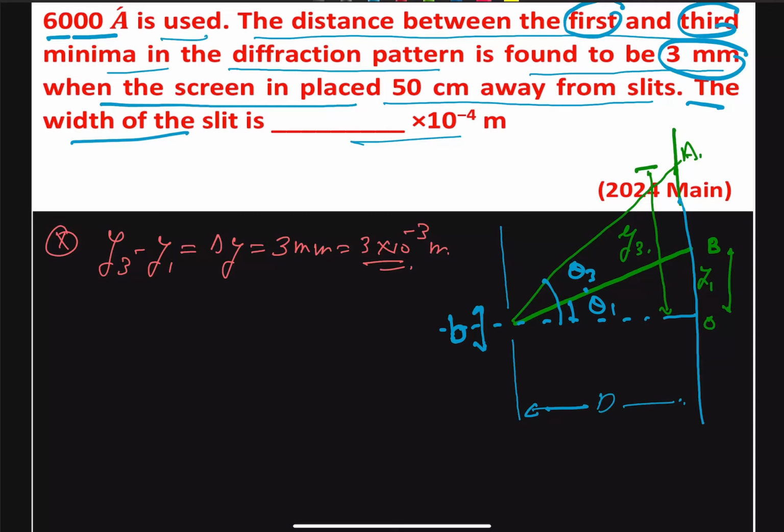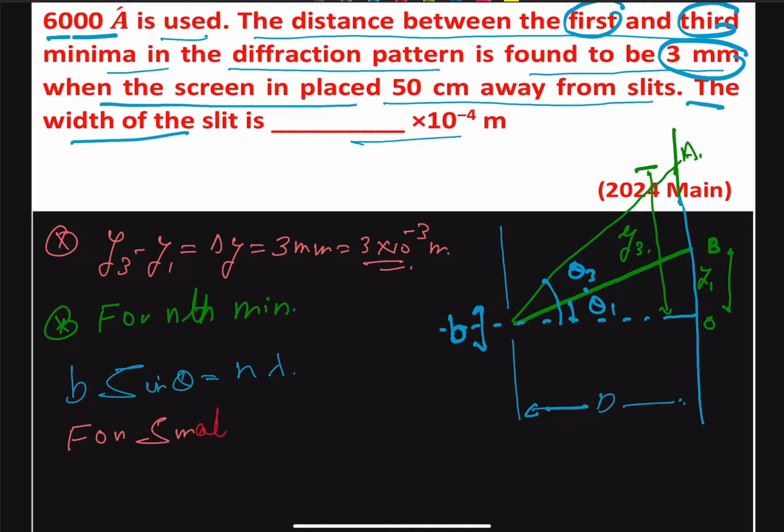And we know that for the nth minima, b sine theta is equal to n times lambda. For small angle, sine of theta is approximately equal to tangent of theta.